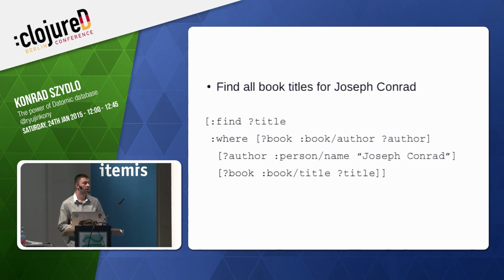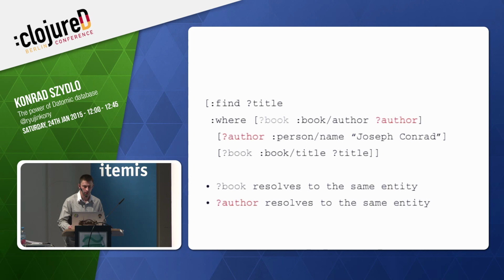Okay, a more advanced query would be to find titles for all the books written by Joseph Conrad. So here, again, we want to find title, where there's some book that's got an author, and this author's name is Joseph Conrad, and finally, this book should have a title.